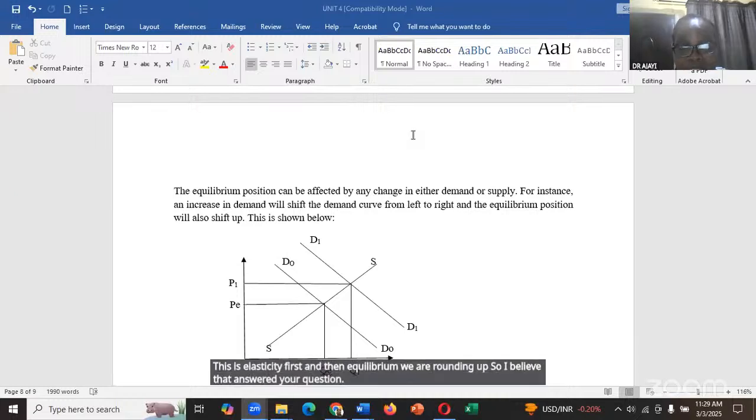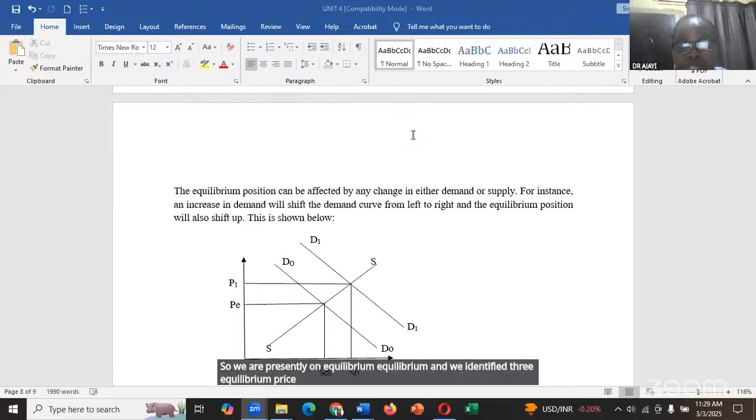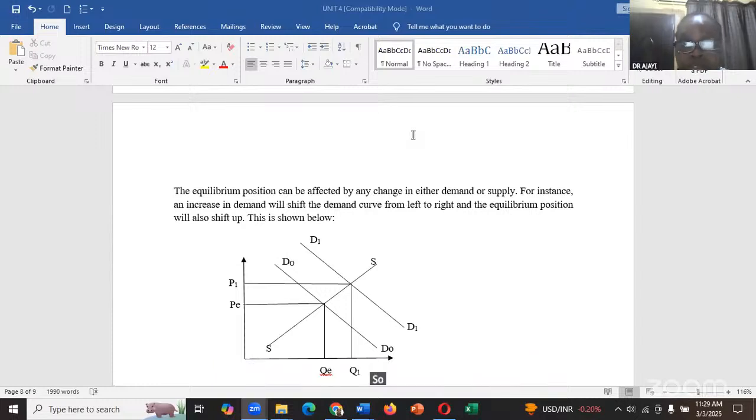So we are presently on equilibrium, and we identified three: equilibrium price, equilibrium quantity, and equilibrium point. Those are the three. I believe that answered your question. So I'm trying to see the response to some of us that have already put in answers.